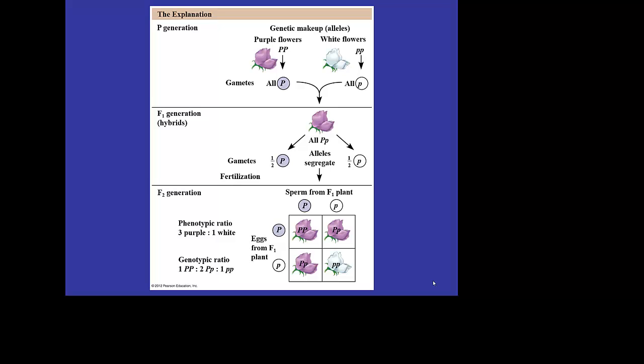Now, in Mendel's peas, he looked a lot at these characteristics. This big P and little p become important for us. Big P is dominant. Little p is recessive. This will become very, very important as we talk through things.